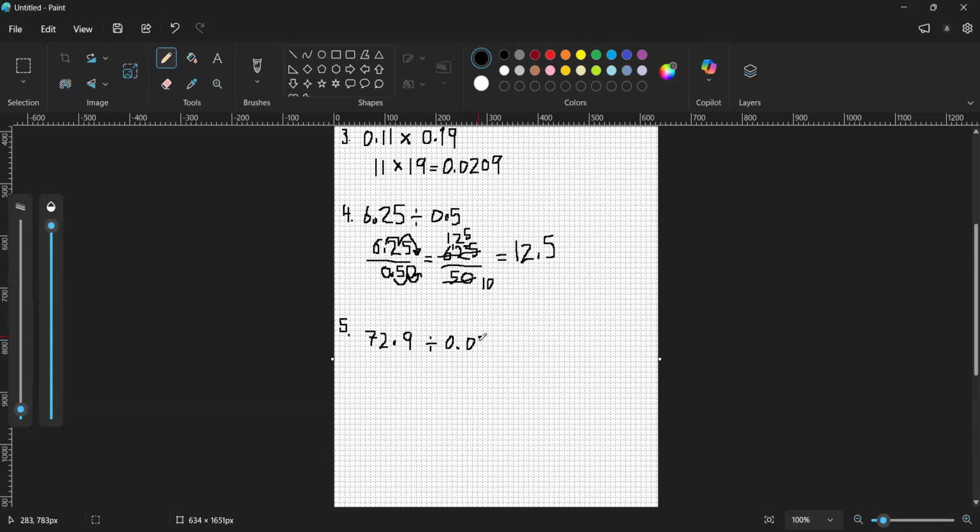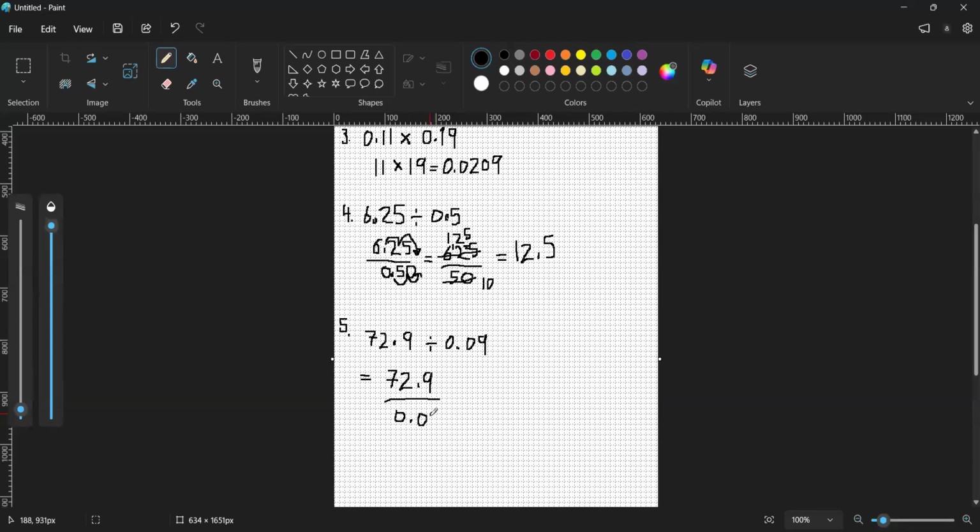Okay, so if we are to apply the rule, the first thing we'll do is interpret it the way we usually interpret it. The one on the left-hand side is the numerator, while the one on the right-hand side is the denominator. So this is how it's going to look: 72.9 divided by 0.09.